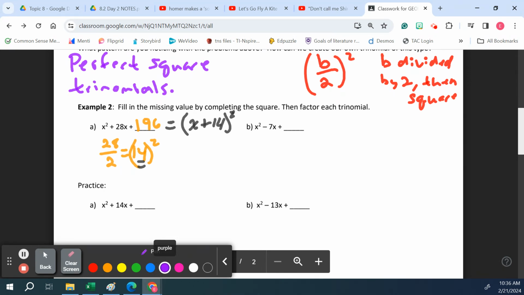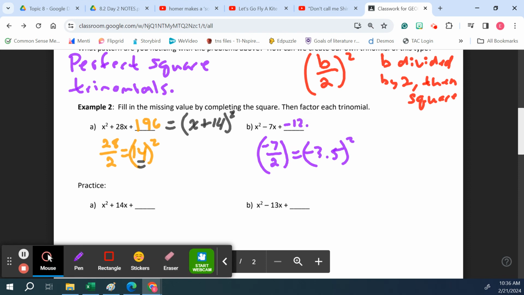So let's do this again. So now I'm going to take negative 7 divided by 2. What does that leave me with? Negative 3.5. I square negative 3.5. What do I get? Well, it shouldn't be negative because you're squaring it.